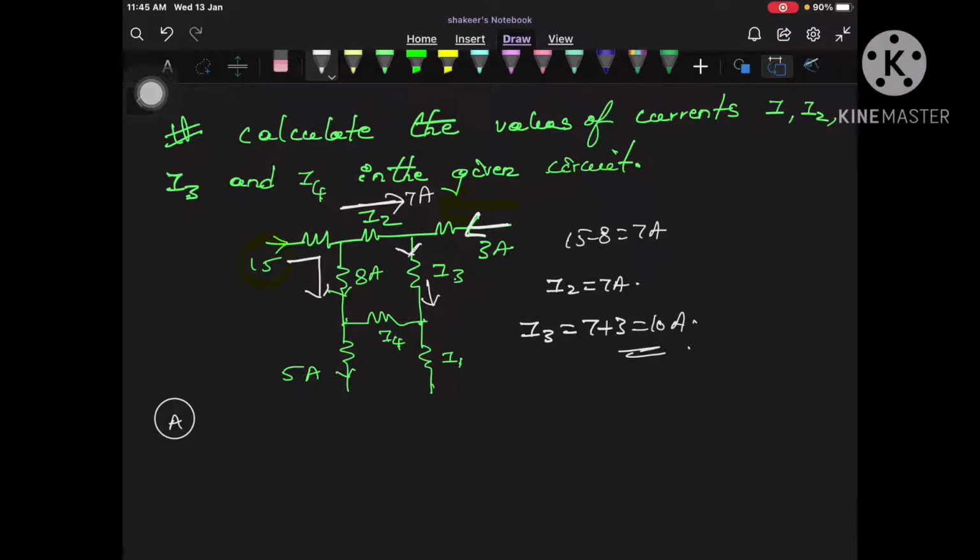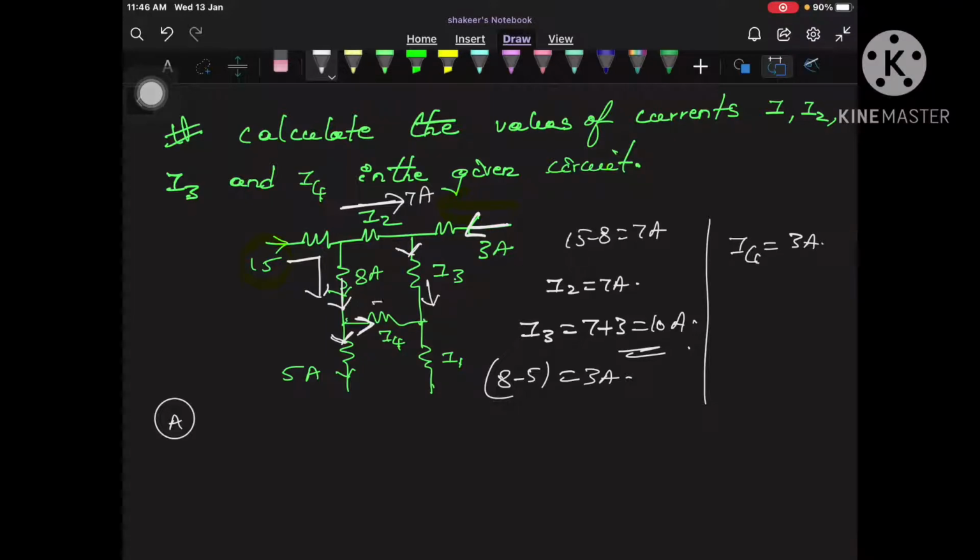Now, out of this 8 amperes, 5 amperes is flowing into this branch, so 8 minus 5 is equal to 3 amperes. That 3 amperes becomes I4. So I4 is equal to 3 amperes.